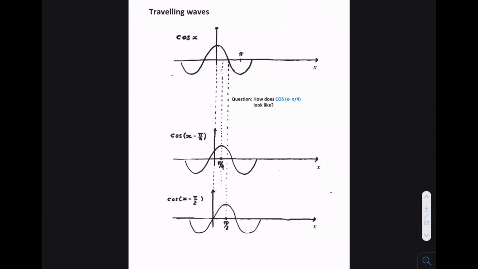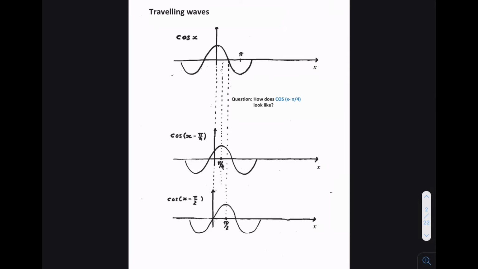And if we change the argument of this cosine of x, it would look something like this. What is the difference? You see that the curve just shifted by this amount, pi by 4.